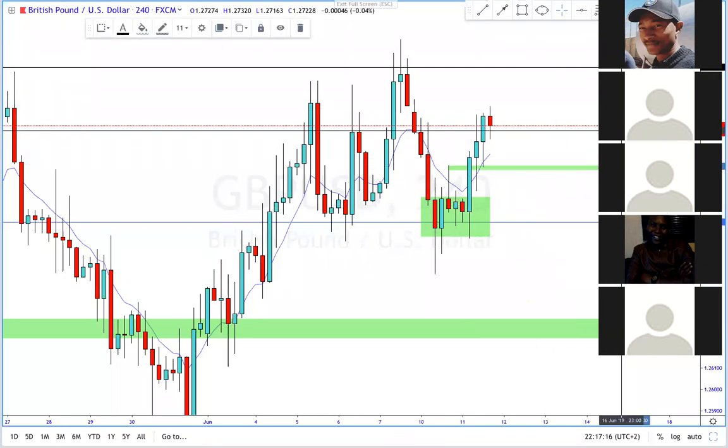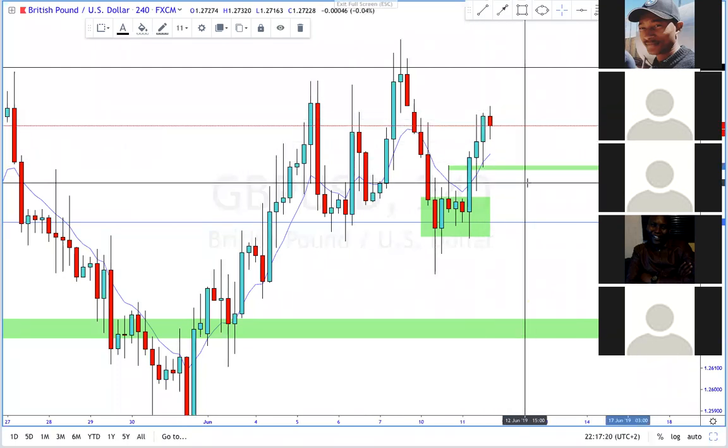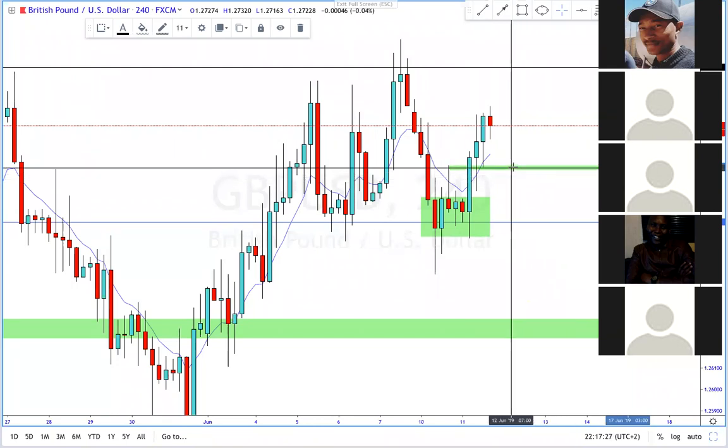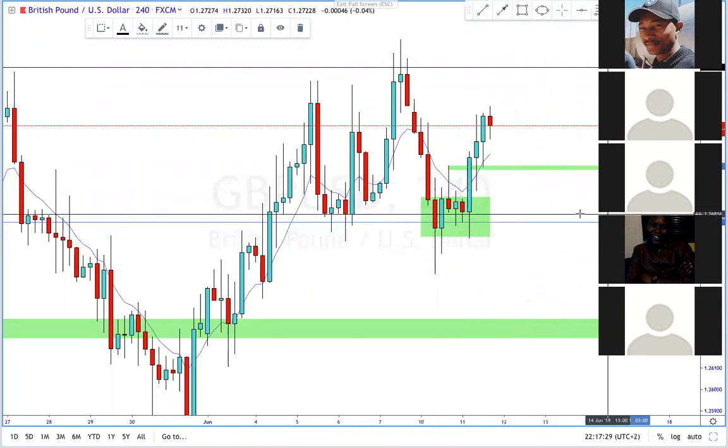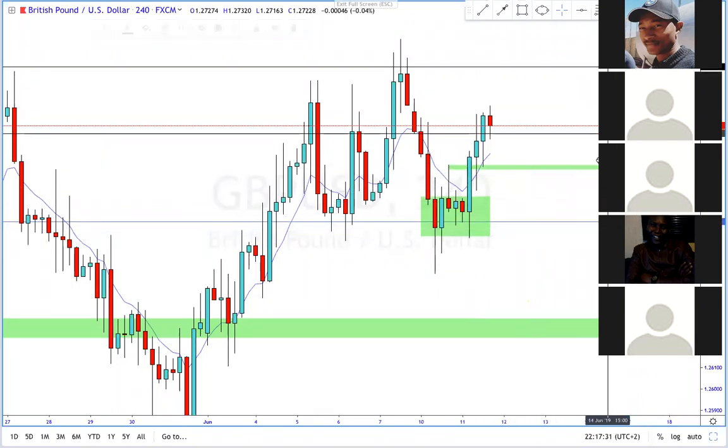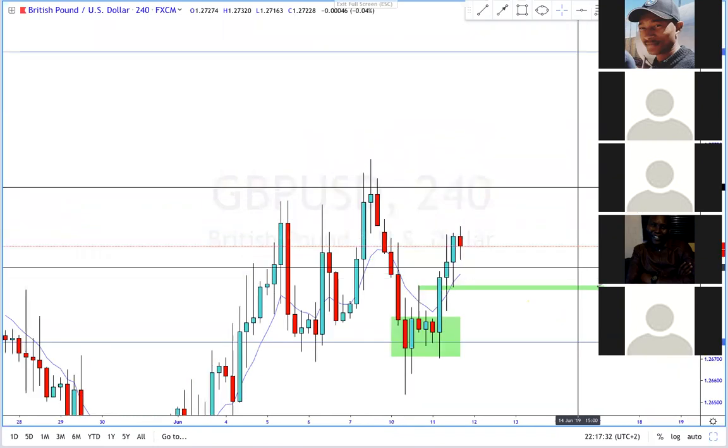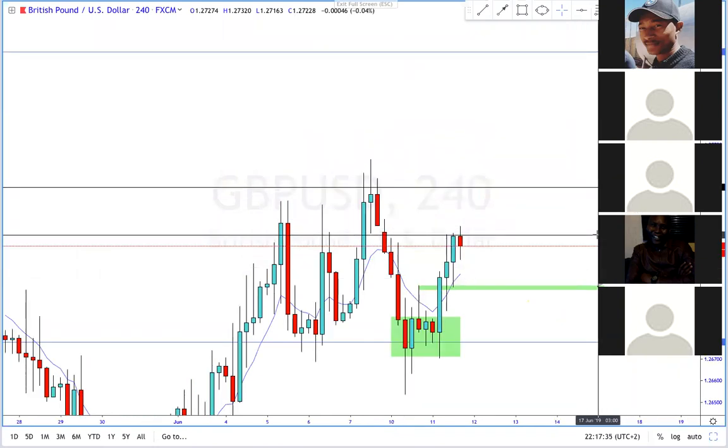So that is around price 127.00. If price can pull back to 127.00, remember that that's just the psychological level that we have. So if you place buy stops around 127.00, you know that you have your stops below 126.70, and your take profit is around 128 to 130.